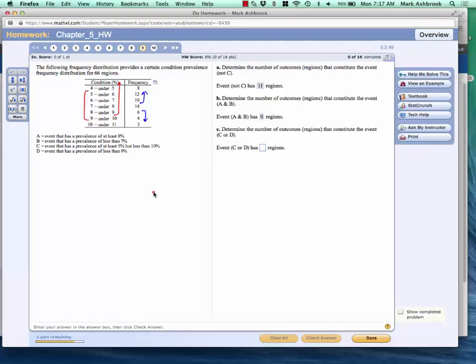As long as it gets hit by one or the other or both of those, then we count them. But we don't want to count twice, right? So there's overlap in C or D. We don't want to count that twice. So what are we going to do? We're going to count up everything that got hit by those two events. So it's going to be all that. But these ones that are in both of those, we don't want to count those twice, right? So it's going to be 8 plus 12 is 20, plus 19, 39, 53. I think it's 63 of them. So I just added up all the ones I circled in red.